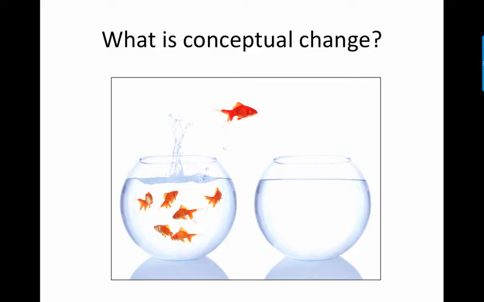The second phase is called accommodation, and in this phase the learner may have existing knowledge, but in this case the existing knowledge that the learner has does not help him or her learn the new idea. And so in this case the learner will have to reorganize his or her thinking processes and what he or she believes to be true.